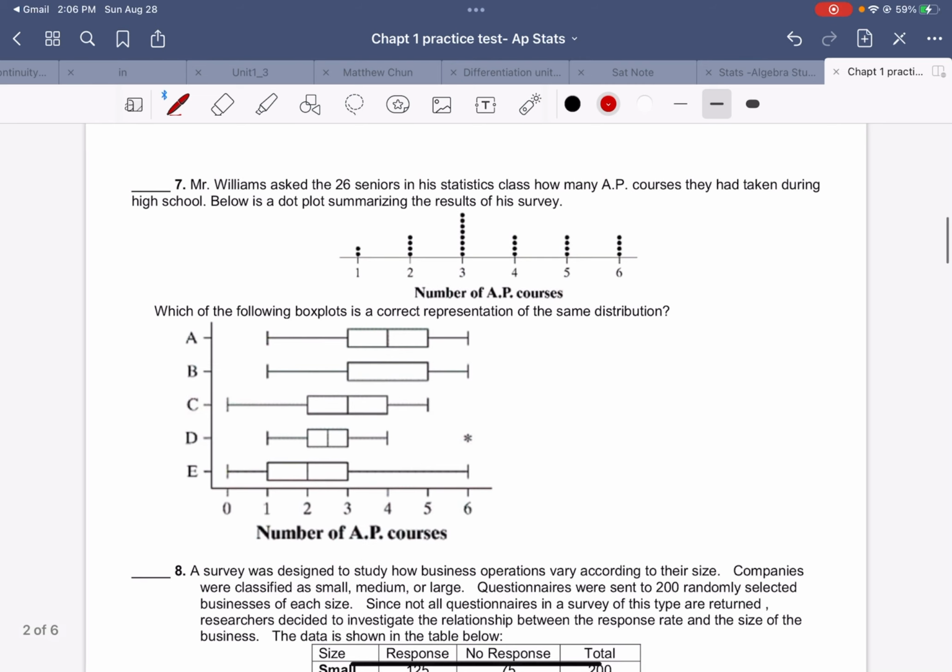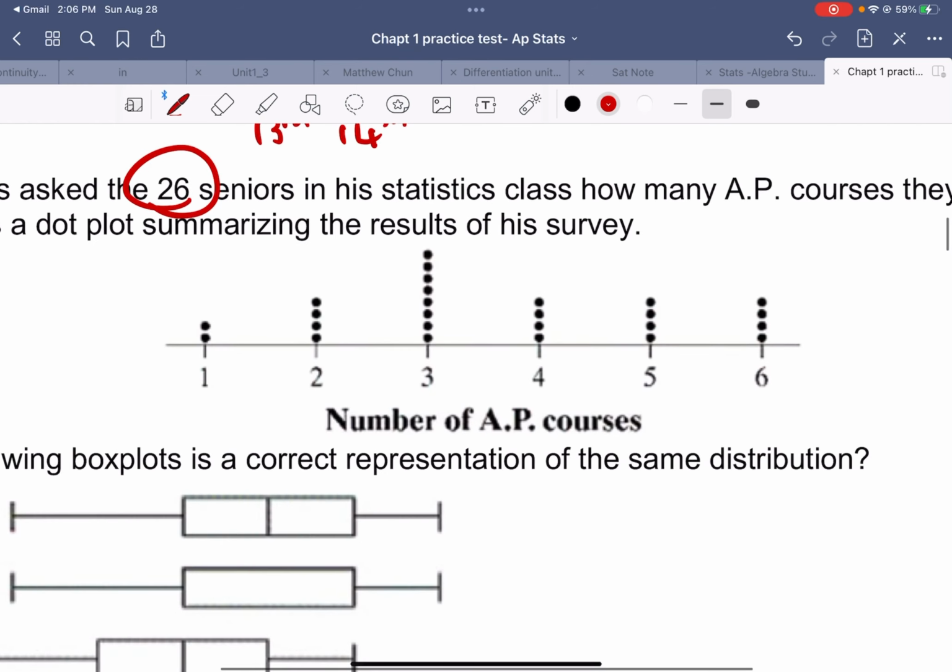so let's see. In total you have 26 seniors. So the 13th one and the 14th one are right in the middle. So with an even number of data, the median is the average of the 13th one and the 14th one. So if you count, how many data are here?